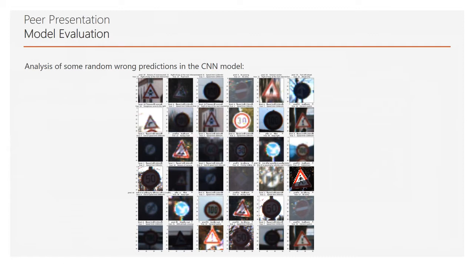Therefore, we do not consider 95% accuracy a bad result. And besides, a real case scenario would include several images of the same traffic sign, as there is a camera constantly recording. So it is probable that low quality images will be discarded somehow.